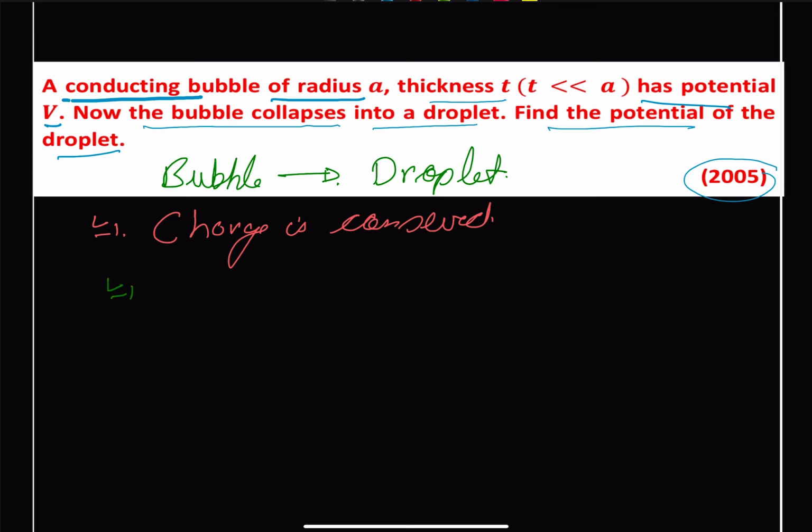The volume of the liquid remains constant. So let us find out the volume of the liquid in the bubble.